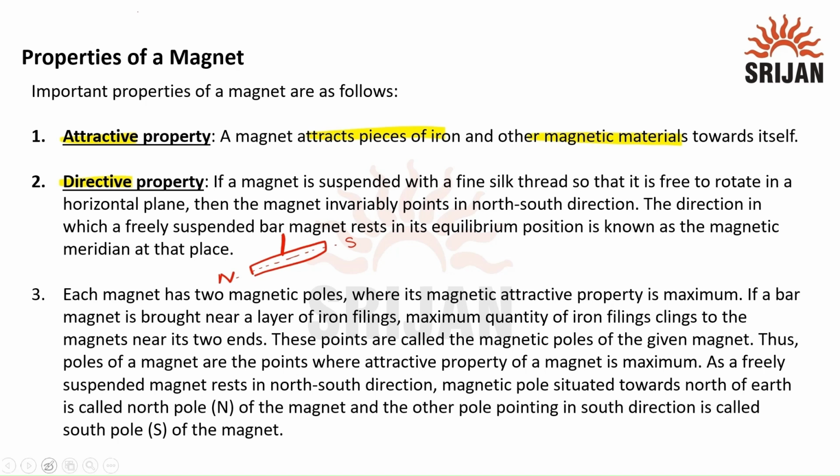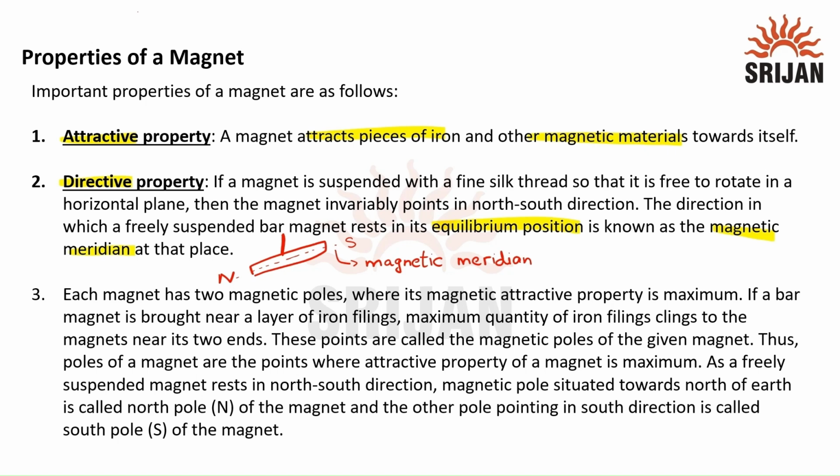So when in equilibrium, this axis is called the magnetic meridian and it is specific to that place only. Magnetic meridian. And this is the same thing which is written here. The direction in which a freely suspended bar magnet rests in equilibrium position is known as magnetic meridian at that place.